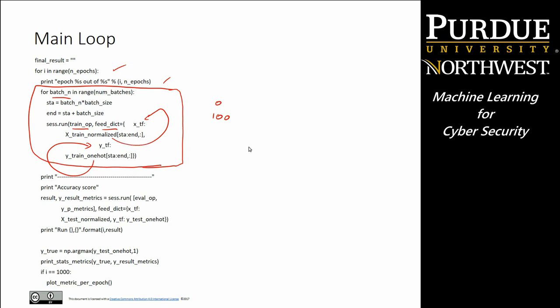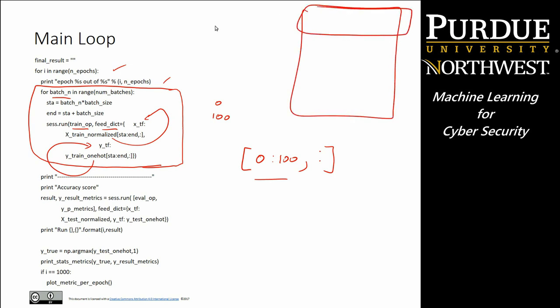If you look at xtrain normalize, it is 0 to 100. What does that mean? It means all the columns, but only the rows from 0 to 100. So if we had a data set like this, we have sliced out that chunk. Do you see that?